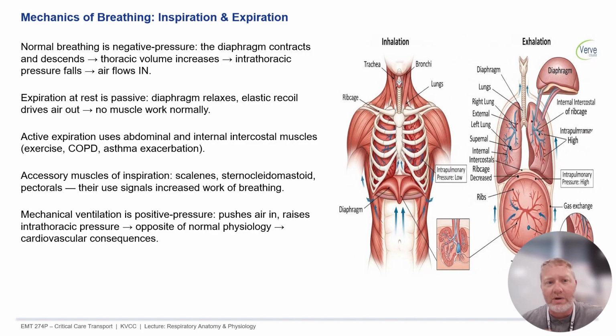Now, here's the critical concept for transport. Mechanical ventilation does the exact opposite. It delivers air by pushing a positive pressure into the airway, a completely different physiologic model. This reversal has consequences.